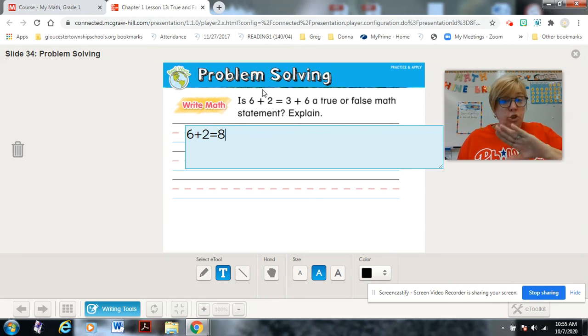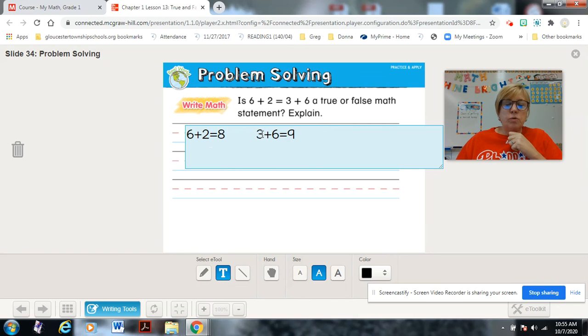Just the 6 plus 2. Don't put it anywhere else. Okay. Now, I'm going to move over here. And 3 plus 6. I'm going to type it over again because I want to figure it out. 3 plus 6 equals 9.